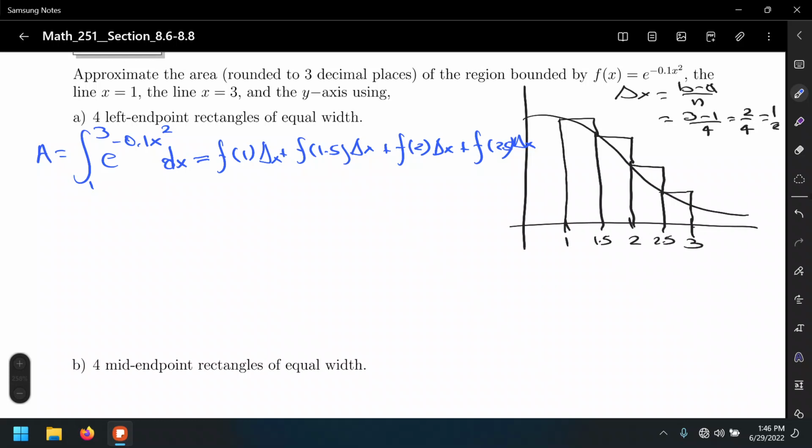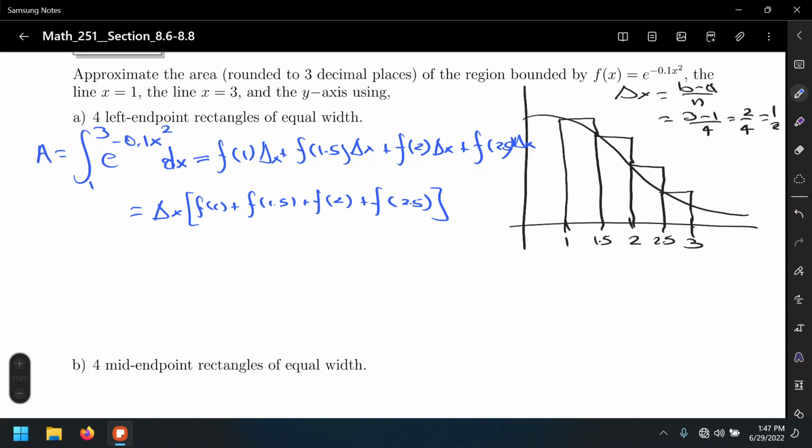Of course, that means that we will have to evaluate. Let me do some factoring in here. Notice the GCF here is the delta x, and I will be left with f of 1 plus f of 1.5 plus f of 2 plus f of 2.5.